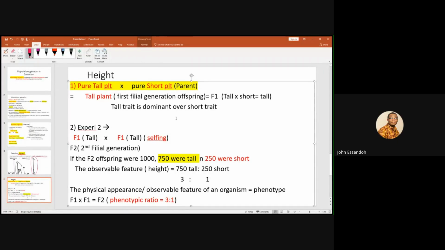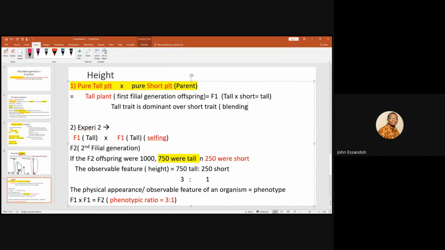Good. We can see that the first experiment from Mendel dealt a big blow to blending inheritance, because that's not what blending inheritance is saying.